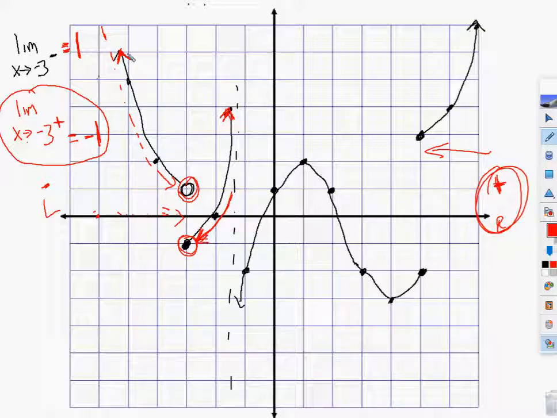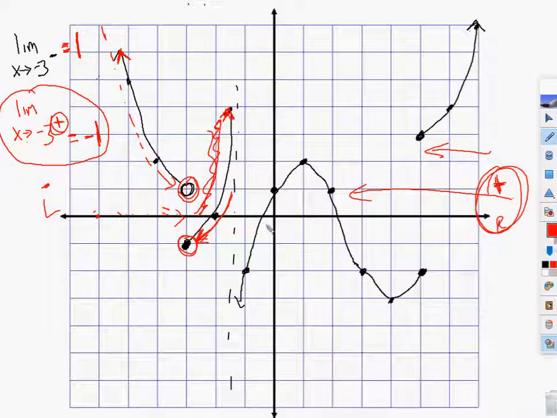Okay. It depends on which way I'm moving. I'm moving in this positive direction. I'm moving from the positive direction this way to ask what's happening at -3. So I'm not going up this parabola. I'm not going up in this case because that would be going from the left-hand side.